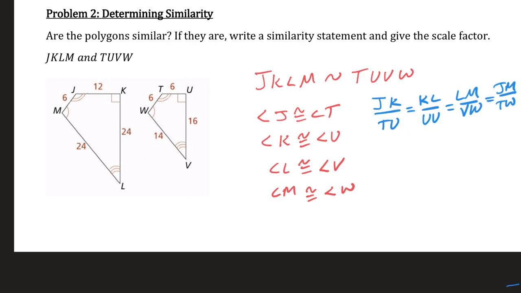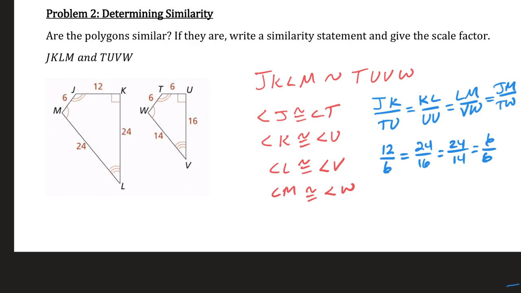So we have JK, which is 12. We have TU, that is 6. We have KL, that is 24. And we have UV, which is 16. LM is 24. VW, which is 14. And the last one, JM, which is 6, and TW, which is 6. I'm going to go ahead and stop.